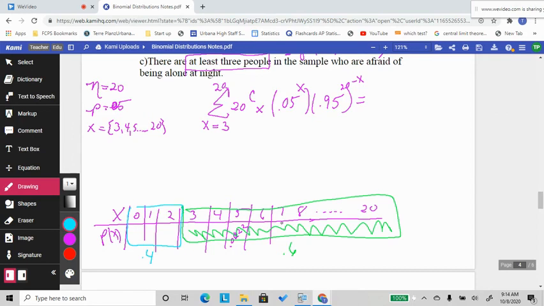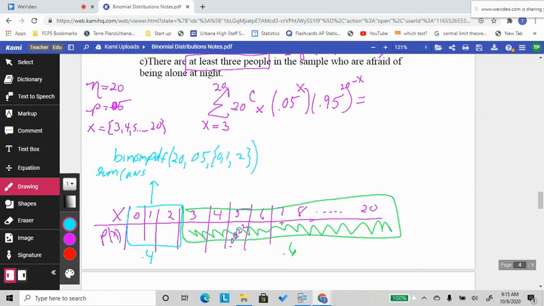So that's what I'm going to do here. I write the formula as what I want. But what I'm going to do in the calculator is this. There are 2 ways to do this. To get the 0, 1, and 2, I can go Binom Pdf, and I can type in 20, 0.05, comma, and then do 0, 1, 2, and then sum up my answer.